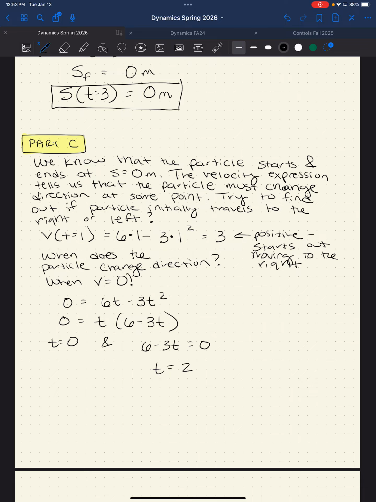Could we use the fact that the acceleration... I don't think so necessarily, because you can decelerate both to the left or to the right.